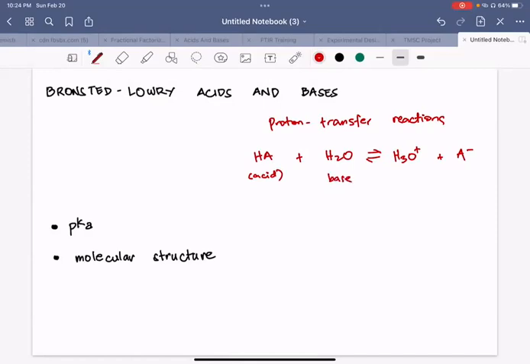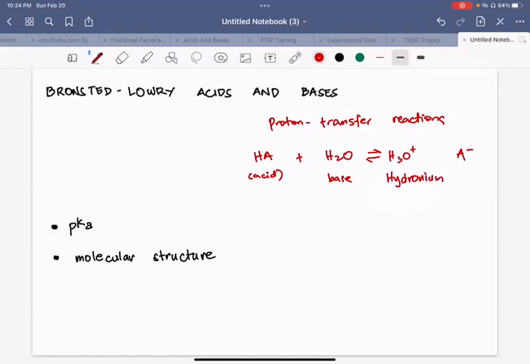Okay, so these are the products, the hydronium ion, H3O plus, this is hydronium.